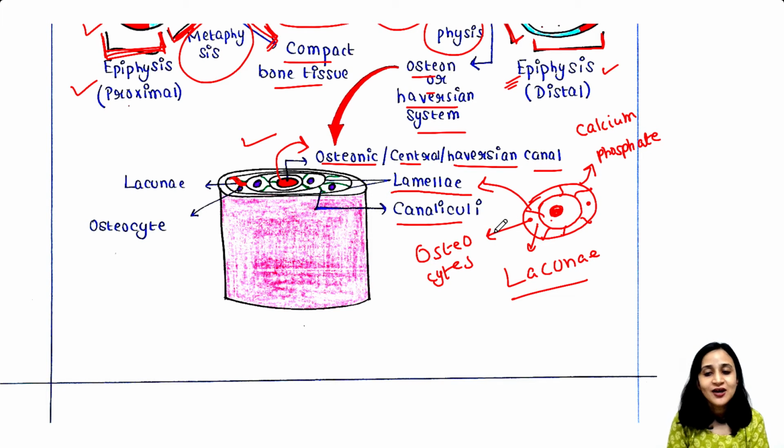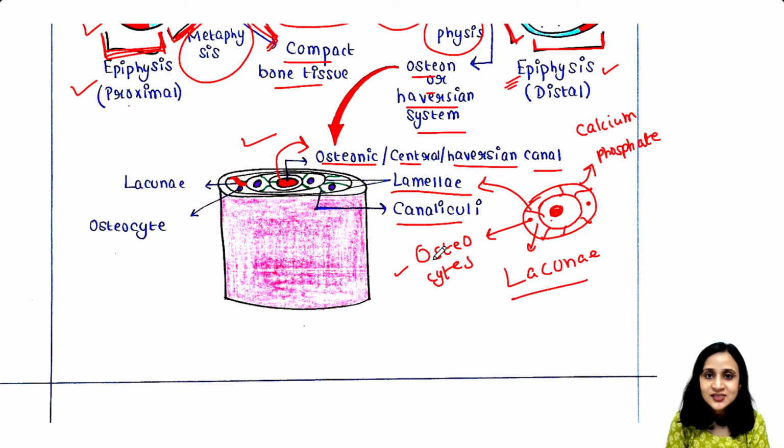So what is their function? They actually connect osteocytes to the blood circulation, because osteocytes are cells, so they require their nutrition, they require oxygen, and they will get their nutrition, oxygen from blood, and that blood vessel is running through the osteonic canal, and these canaliculi are some canals who help these osteocytes to get those nutrition and oxygen from blood vessels.